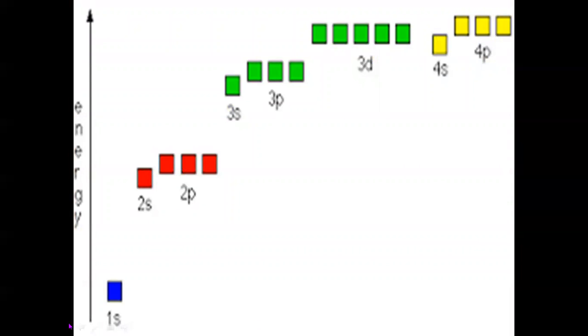This chart or diagram shows the energies of different orbitals. This is energy. It is taken on the y-axis, meaning it increases from bottom to top. So here, when we plot a graph, then 1s will be at the bottom, as it has least energy.